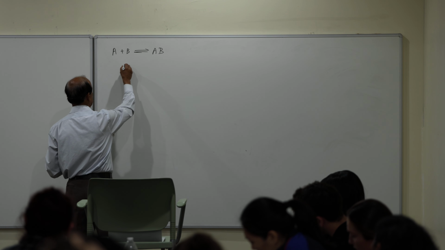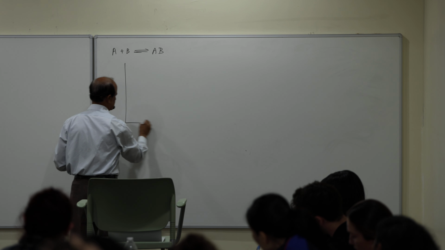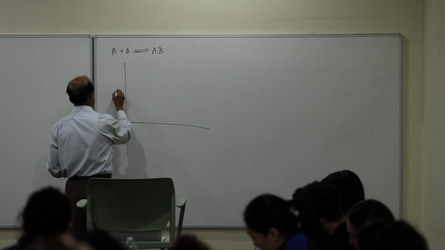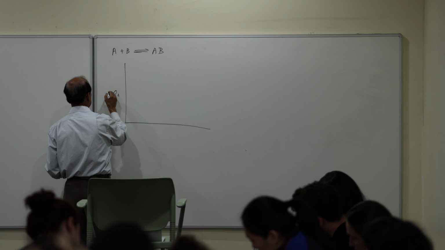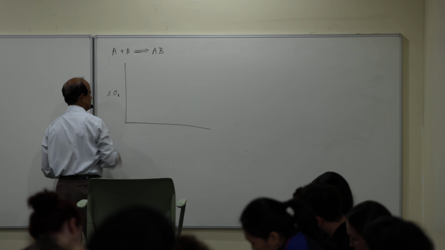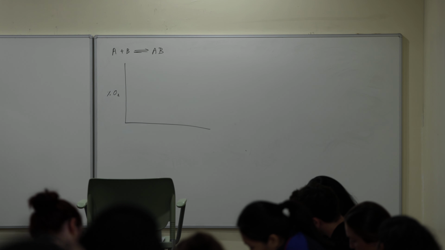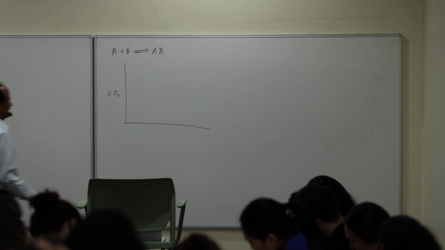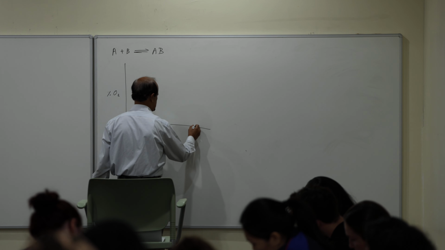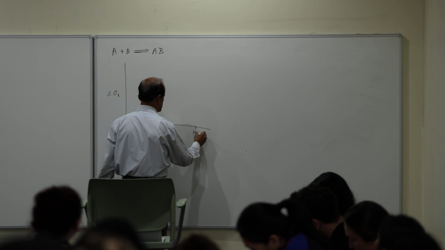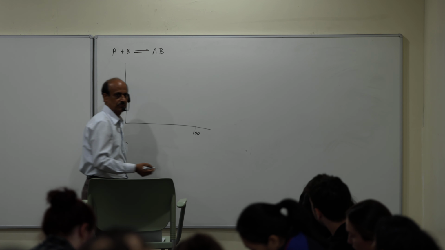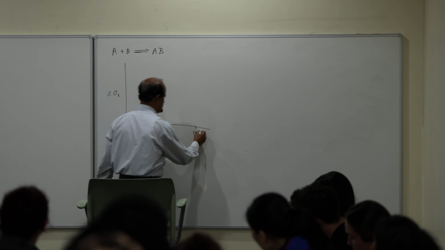So if you plot a graph of oxygen bound, or percent oxygen bound, at different oxygen concentrations, in the lungs the oxygen concentration is 100 torr. 1 torr means 1 millimeter mercury.